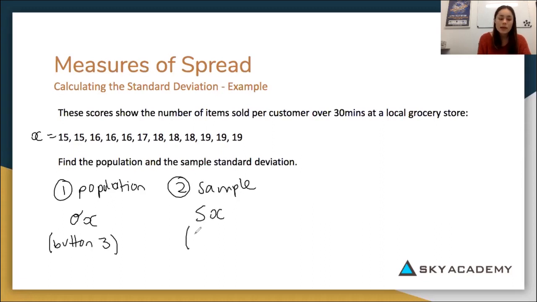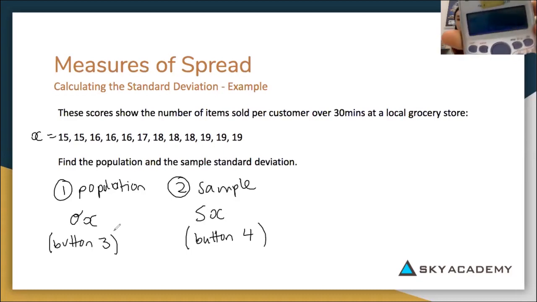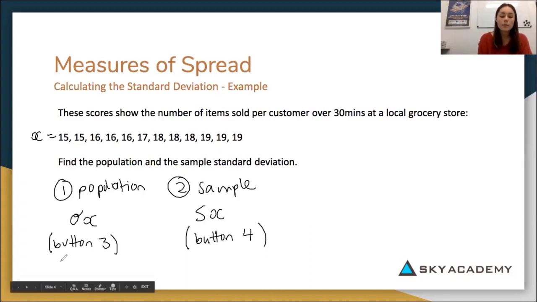If we do the population one first and you press 3, then you have to press equals. It should come up with the standard deviation. And I got 1.46.